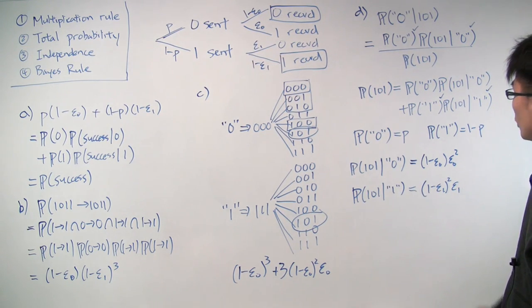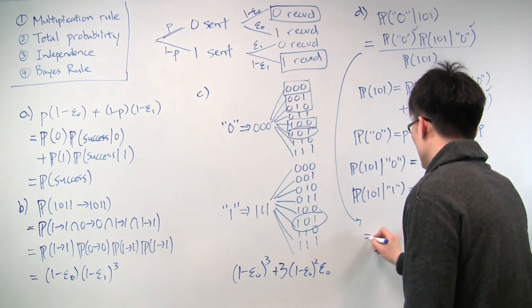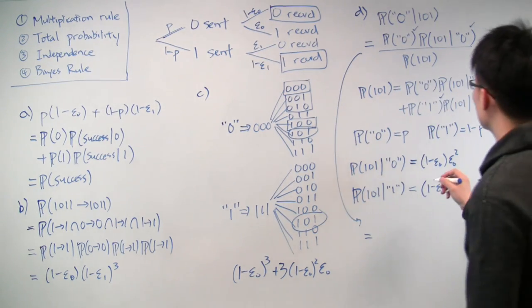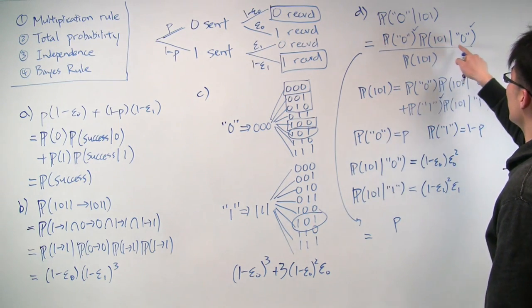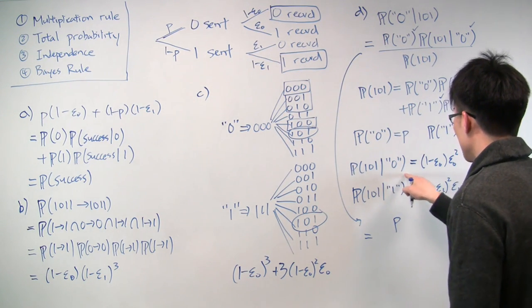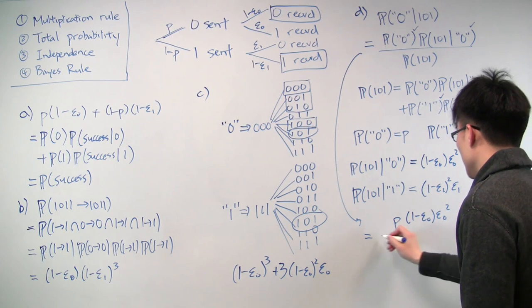Just for completeness, let's write out what this final answer would be. The probability of 0 is p. The probability of 1, 0, 1 given 0 we calculated as (1 minus epsilon naught) times epsilon naught squared.